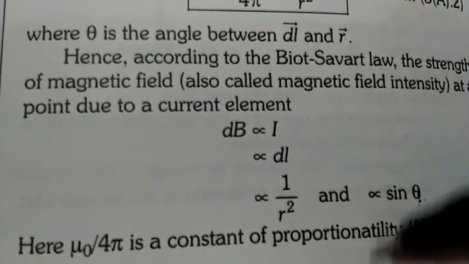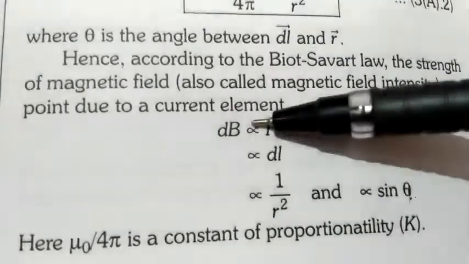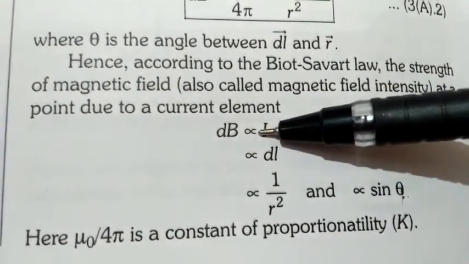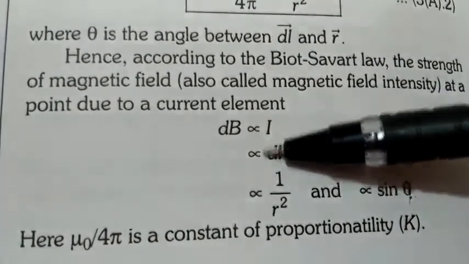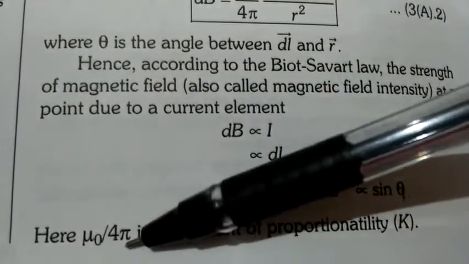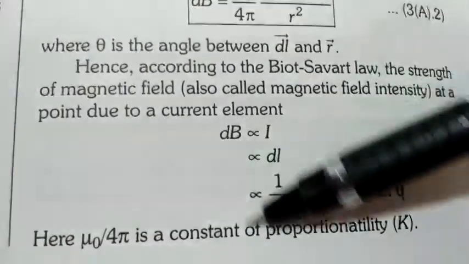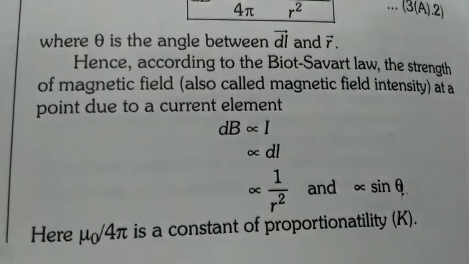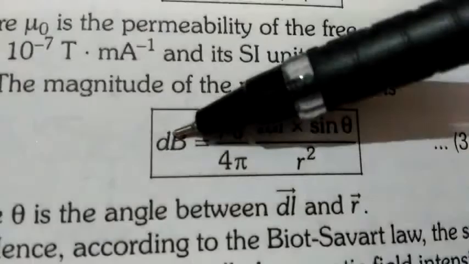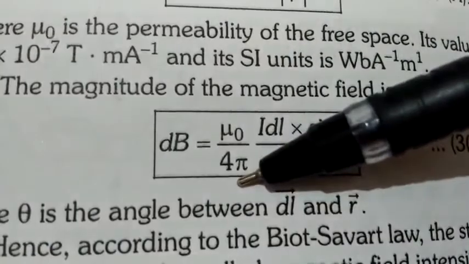when we combine them all, because here proportionality sign is there, if we want to remove the proportionality sign, we have to introduce one constant of proportionality, and that we write as mu naught upon 4 pi. So here when we combine them all, this equation can be written as this equation. Okay, dB equals mu naught upon 4 pi.